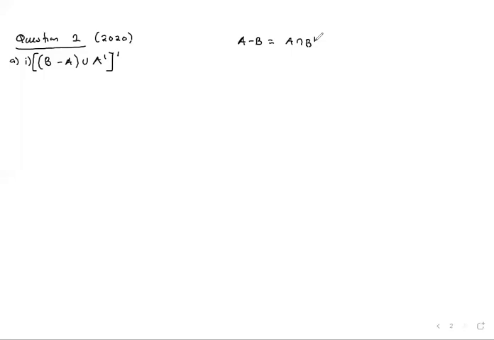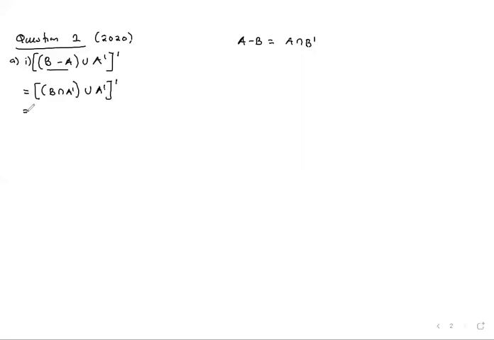Okay, so if there's this combination of minus, union, complement, intersection, you first change the minus to intersection so that you can reduce the operations that are there. So we go to minus and change it. So we have B intersection A complement, union A complement.